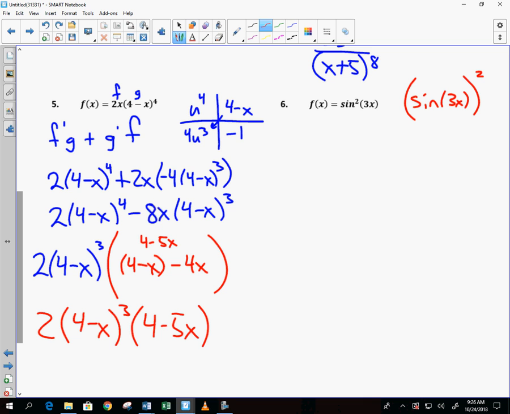What's the next operation? Take the sine of it. What's the next operation? Square it. So therefore, the outermost structure is u squared with the chain rule. What's the inside? Sine of 3x.